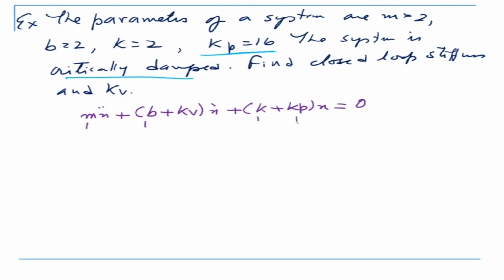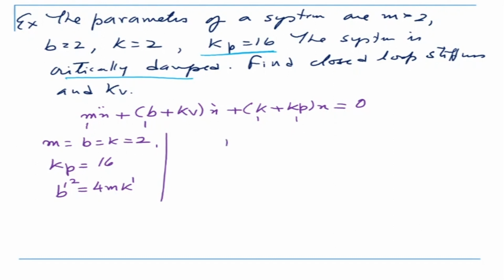And for critical damping, we know that b dashed squared is equal to 4mk dashed. So m is equal to b is equal to k is equal to 2. What else is given? kp is equal to 16. This we are given. All right, and we are given critical damping, so b dashed squared is equal to 4mk dashed. These conditions we are given, right?